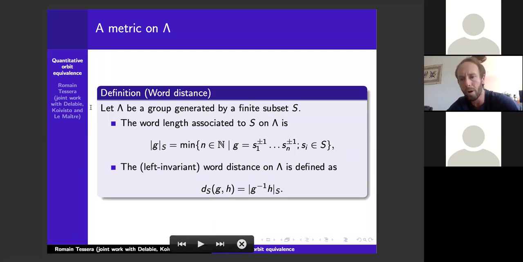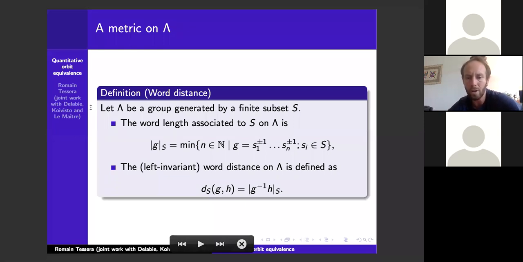Here, of course, we are going to focus on finitely generated groups for the sake of simplicity. So you are assuming that you have a group which is generated by a finite subset S, and we define the word length, which is, well, basically like a norm. You may think of it as a norm. It measures the number of elements in S you need to multiply to write down your element, okay?